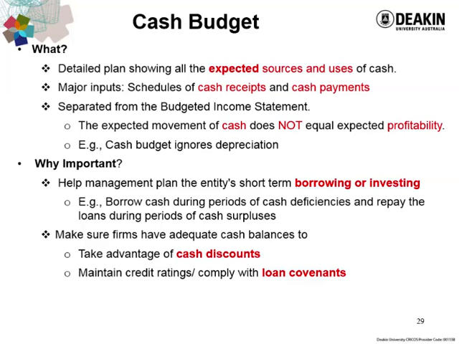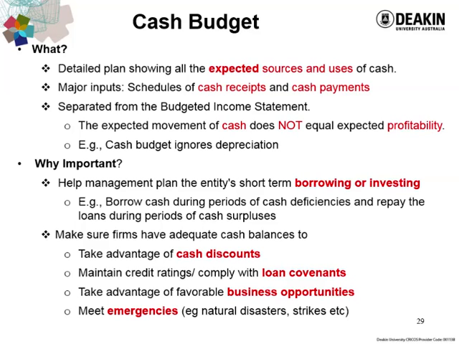Because if companies breach the conditions, they will suffer from poorer ratings and higher interest rates on loans. Companies can also take advantage of business opportunities with excess cash, meaning if they have excess cash, they should expand the business and invest.